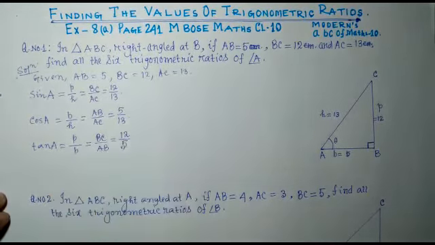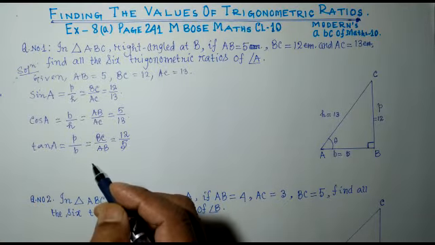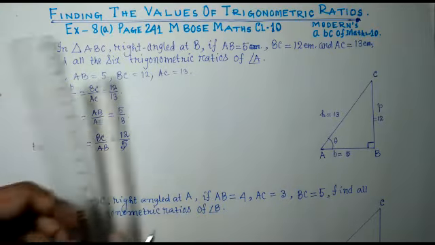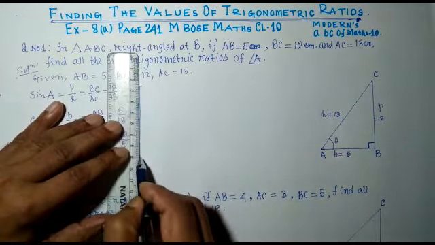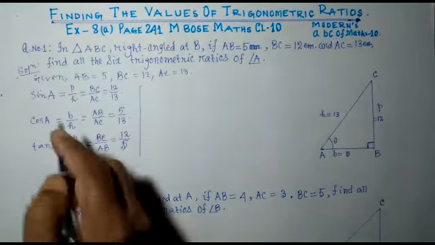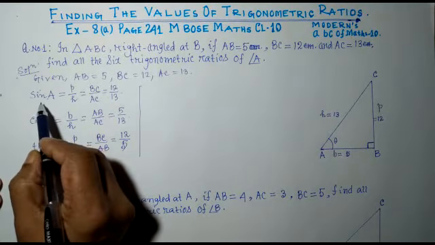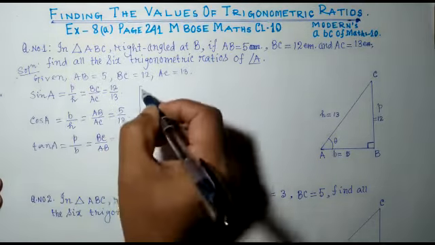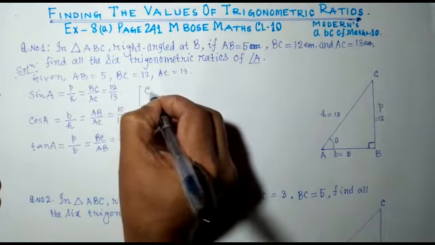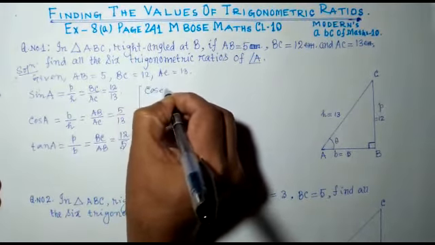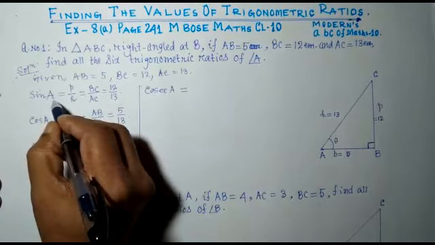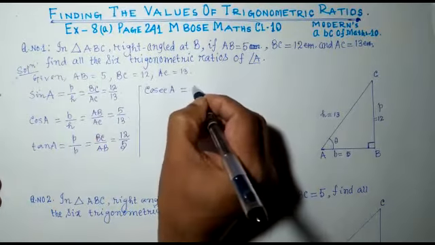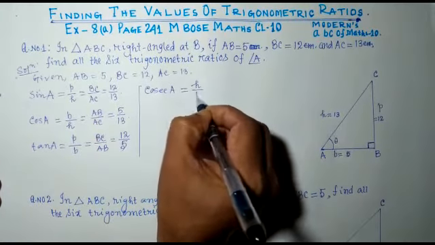So these are the first 3 trigonometric ratios. And the next 3 ratios, let us do it here. These are the opposite or the reciprocal of sine A. Reciprocal of sine A is cosec A. The formula for cosec A is just the opposite of sine A. Here hypotenuse is up, perpendicular is down.